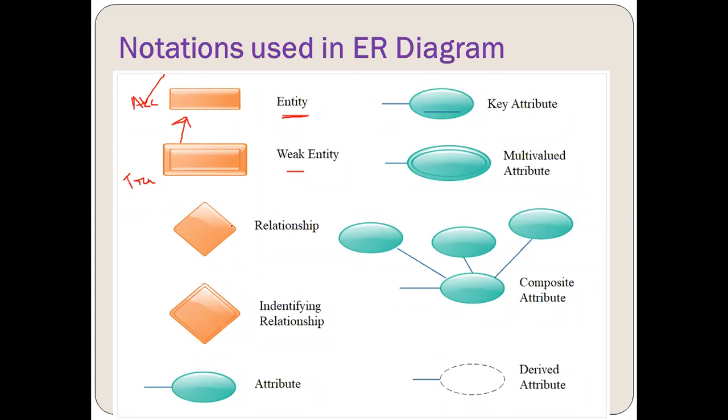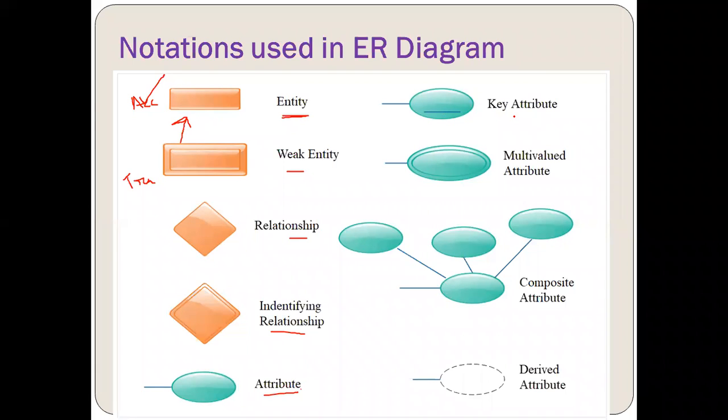Next one is defined as the diamond box as relationship, and this is as identifying relationship. Oval shape is used for the attributes. What are attributes? Attributes are the properties of the entities. We'll just explain it in further slides. Next is key attribute. Key attribute is the unique attribute which uniquely identifies the entity.